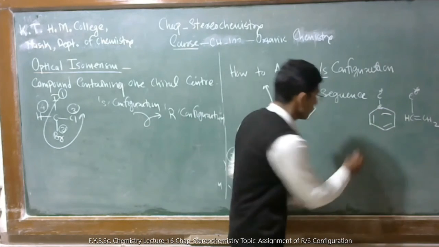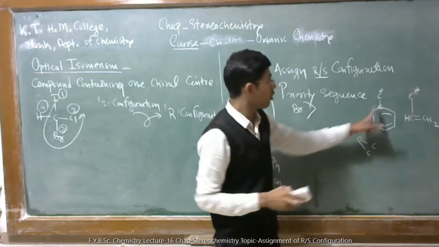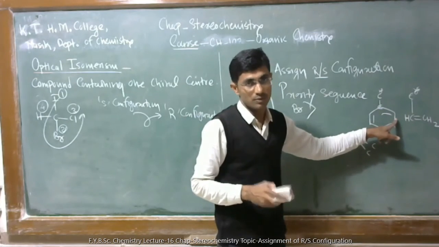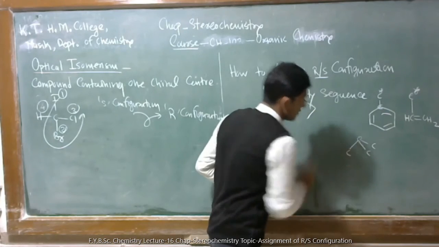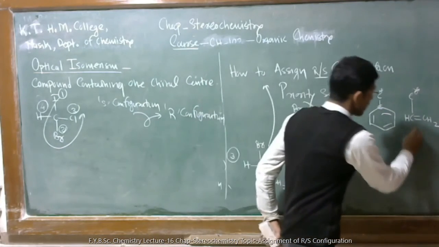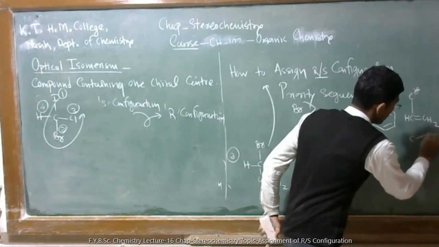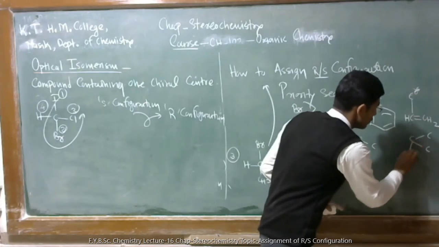So this carbon is attached with a double bond to this carbon, meaning 2 times, because a double bond means 2 times. Also it is attached to this carbon with a single bond, meaning this carbon is attached to 3 carbons. But this carbon is attached to this carbon 2 times with a double bond, and also attached to hydrogen.